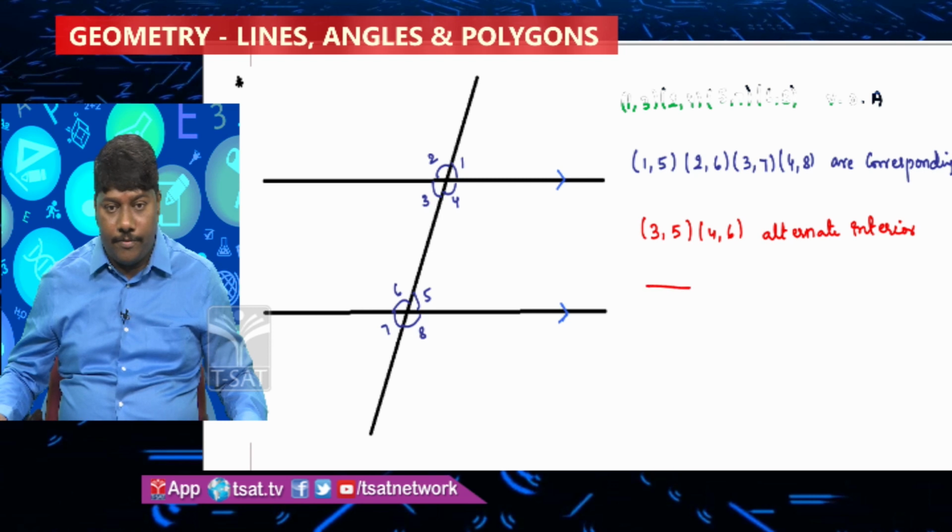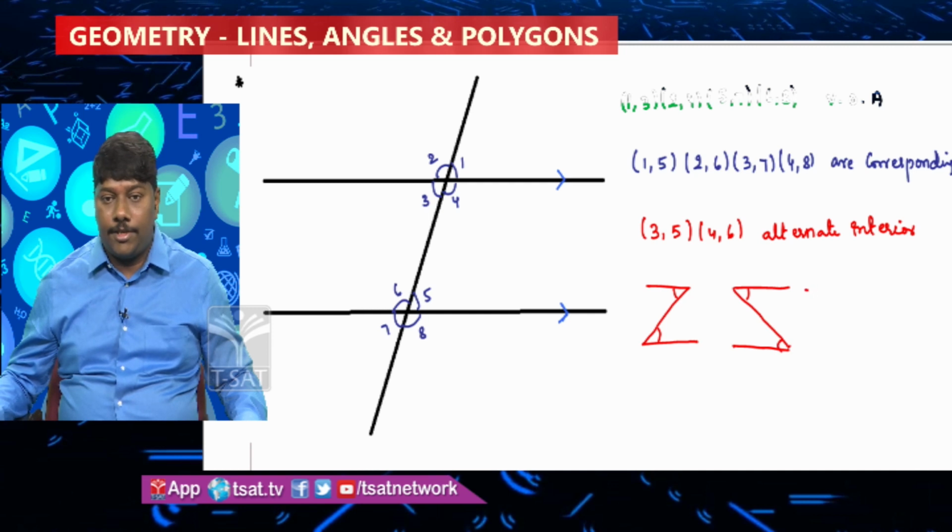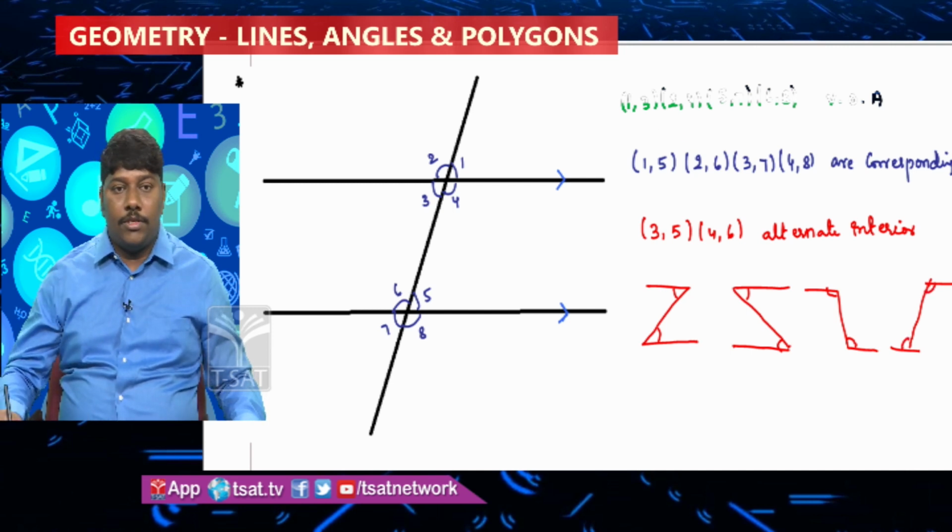It can be in the shape of Z, like this, inverted Z, extended, can be in any of these 4 shapes. So these are all alternate interior angles.